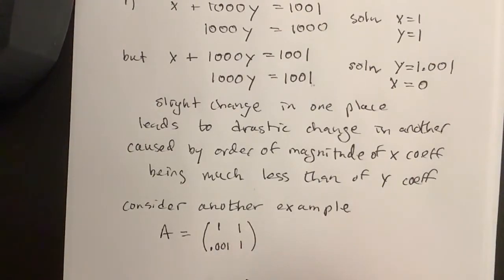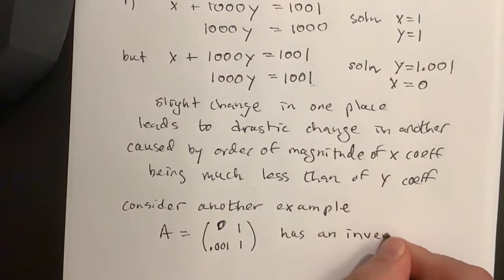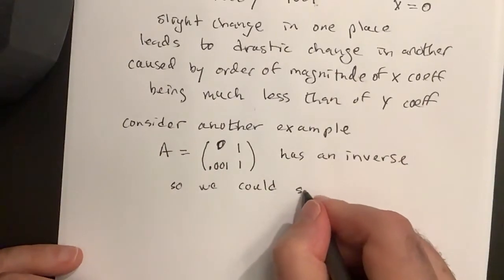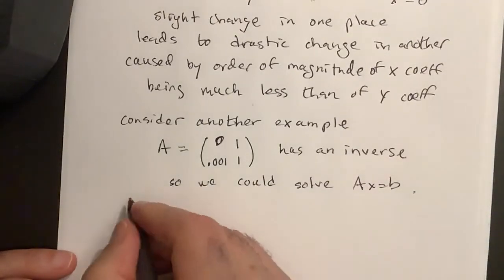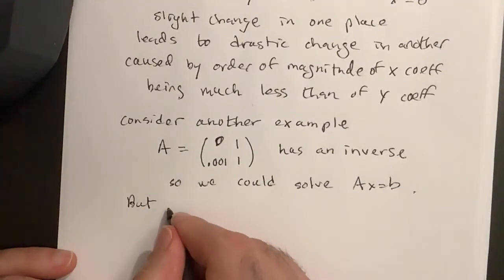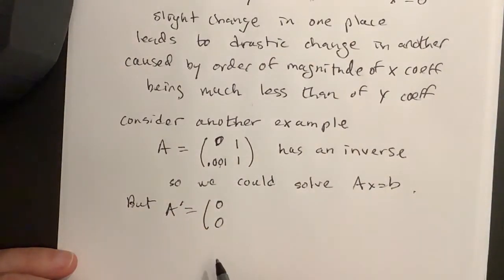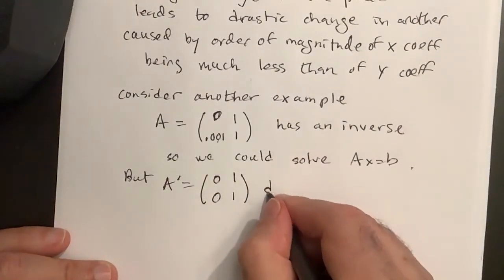Let's make this actually 0 and 0.001. So this has an inverse. I'm not going to compute it. So we could solve Ax equal b. But you can see if I had A prime, say, equal to, and this just changed from 0.001 down to 0, this does not have an inverse.